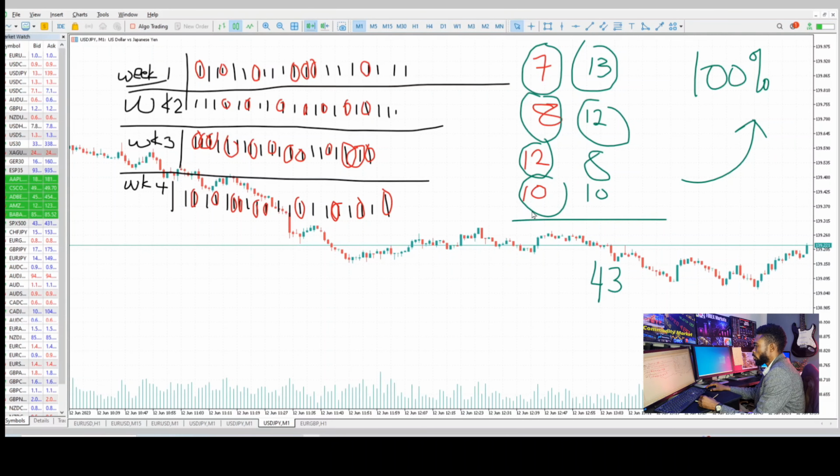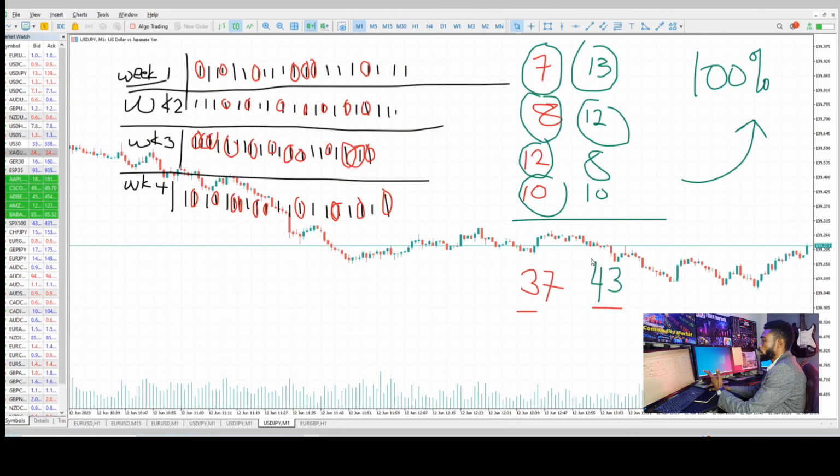Now here, 12 plus 10 will give you 22, plus 8 will give you 30, plus 7 will give you 37. Let me clean this, guys. So now we have 37 here and we have 43 here.